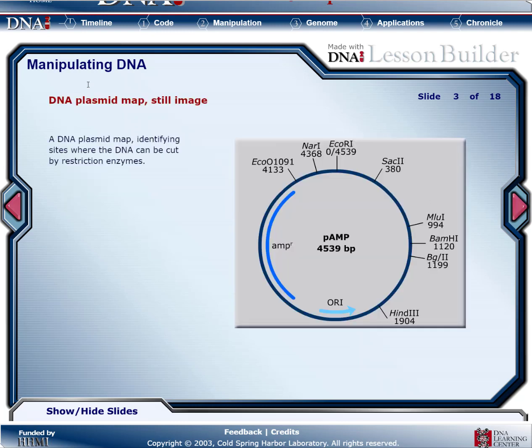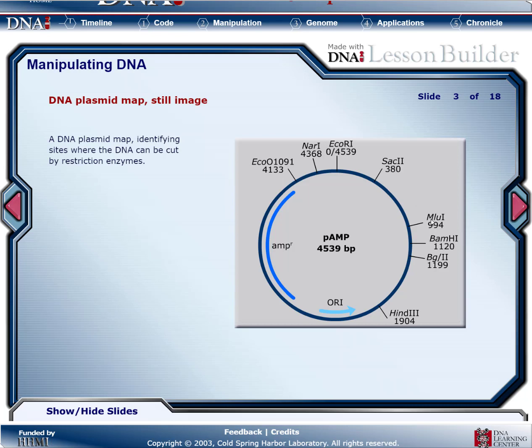Okay, so DNA plasmid map, still image. A DNA plasmid map identifying sites where the DNA can be cut by restriction enzymes. So here, for example, there's EcoRI, it's got a different set of sequence of numbers.